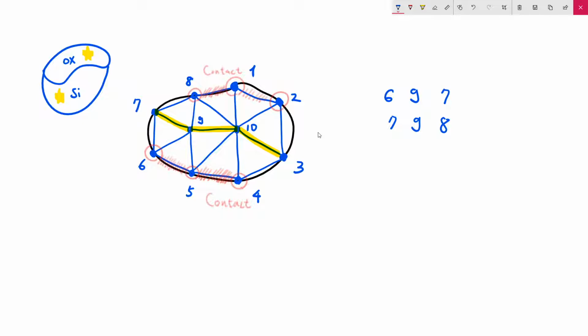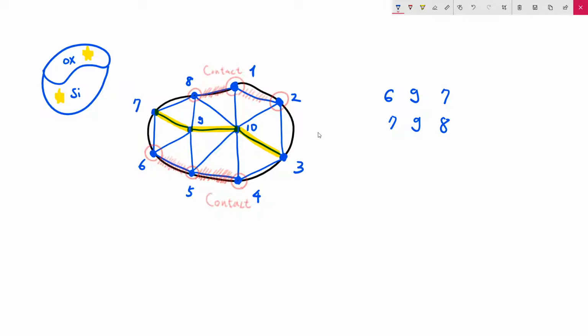However, now you can easily understand that triangle 6, 9, 7 and triangle 7, 9, 8 belong to two different regions. One is silicon and one is oxide. So we have to consider different things.